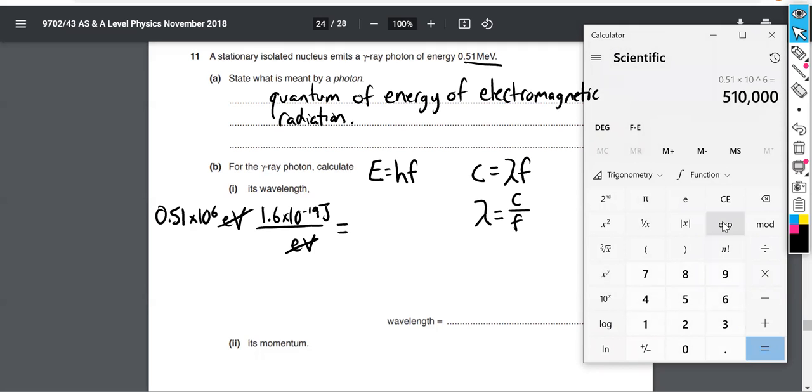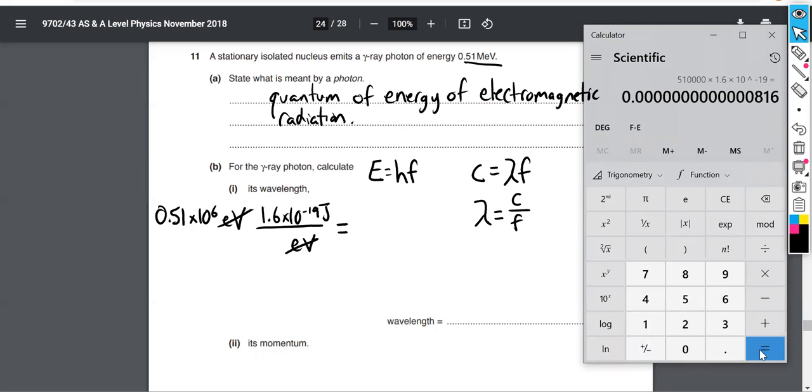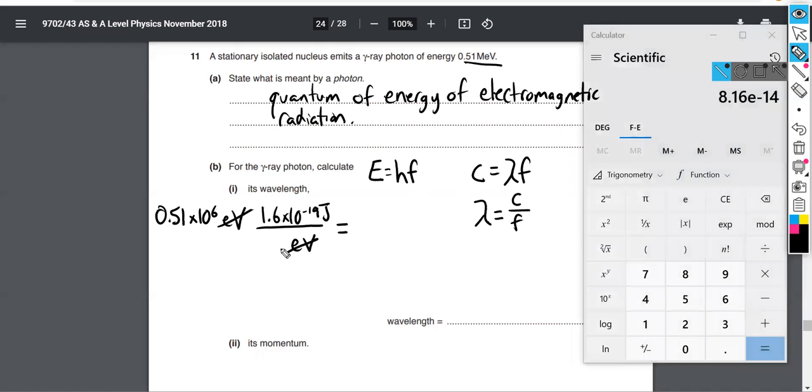There's our electron volts, multiplied by 1.6 times 10 to the negative 19 equals. We get this number, which instead of counting all those zeros, I can just toggle over like that, right? So 8.16. So the energy of that photon is 8.16 times 10 to the negative 14 joules. That's the same thing as 0.51 mega electron volts.